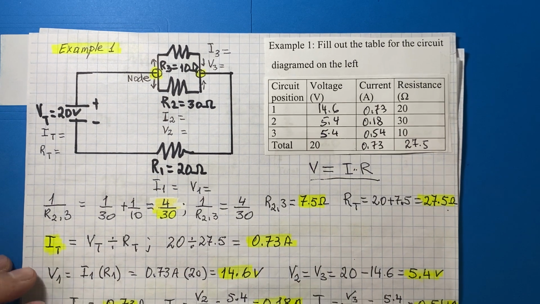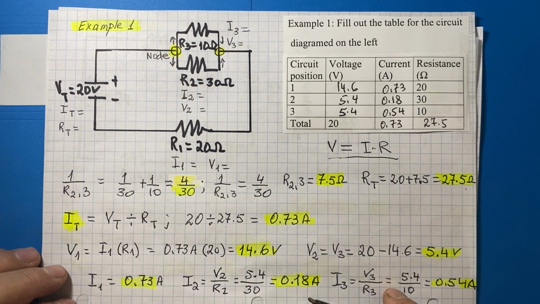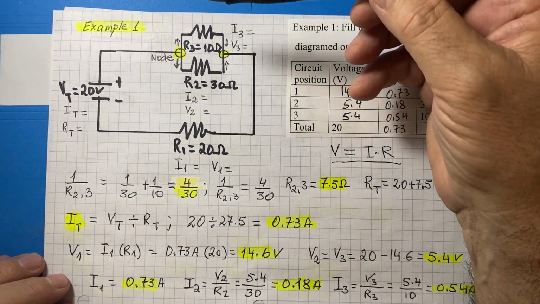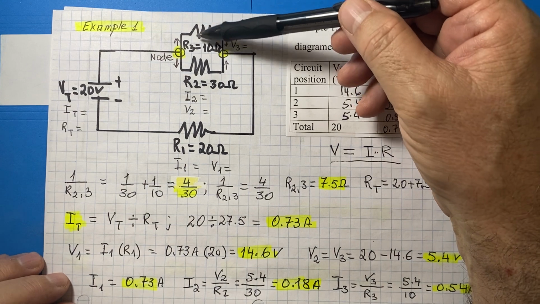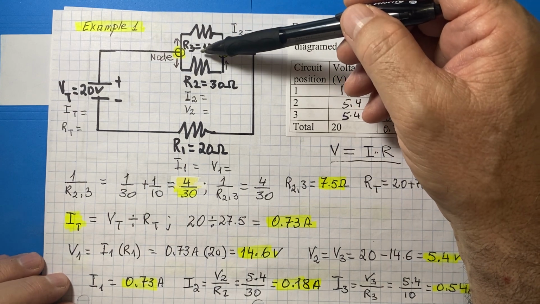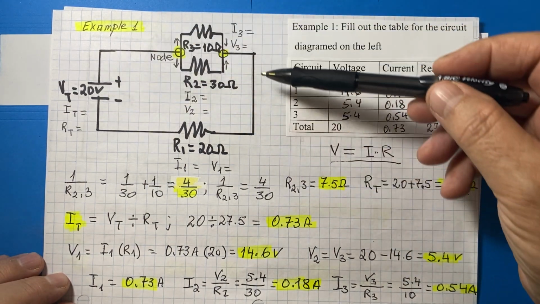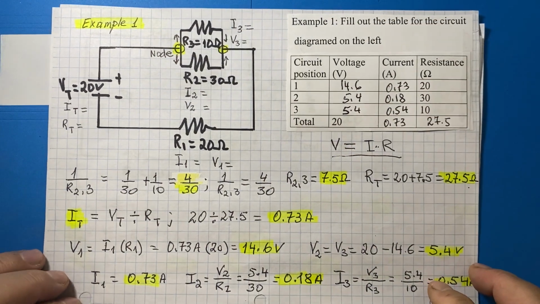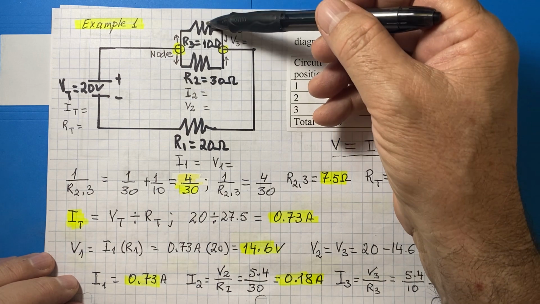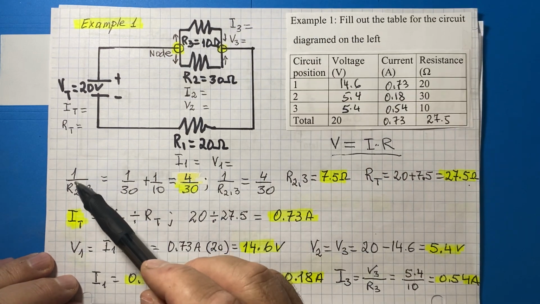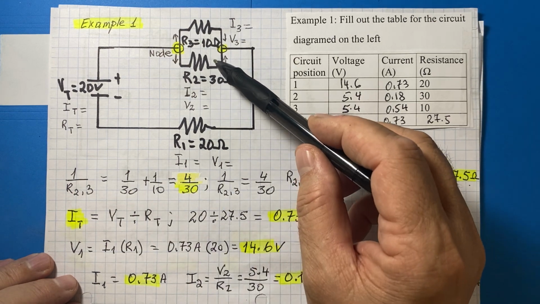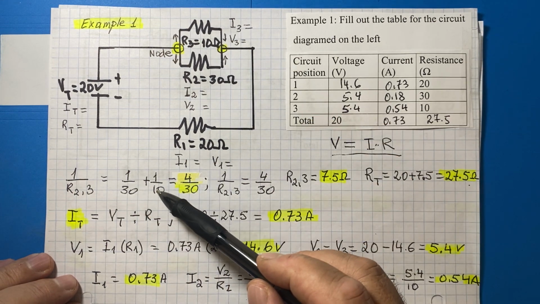To solve this combined circuit, we start by simplifying it by reducing these two resistors into one, and the circuit becomes a series one. Let's find the resistance for these two resistors. 1 over R2,3 is equal to 1 over 30 plus 1 over 10.